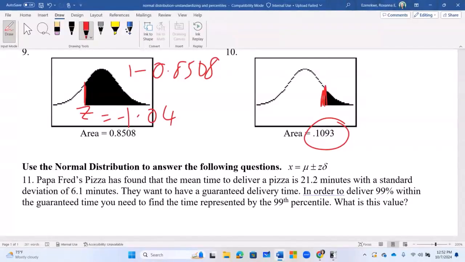Therefore, z-score should be positive. And by the way, area to the right is not percentile. It's only area to the left that is percentile. So I'm going to go to calculator and do inverse norm.